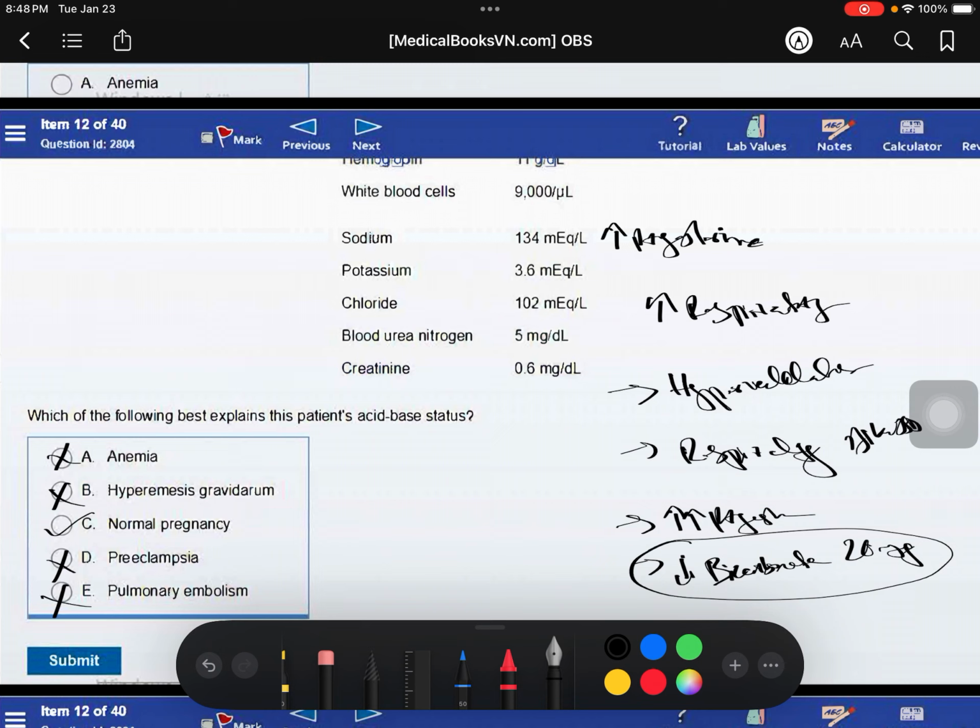Come to choice E, pulmonary embolism. As we already know, pregnancy is a prothrombotic state that can increase the risk of DVT, deep venous thrombosis, and pulmonary embolism. But this patient is not suffering from any of these. Let me revise again. Why is this normal pregnancy?